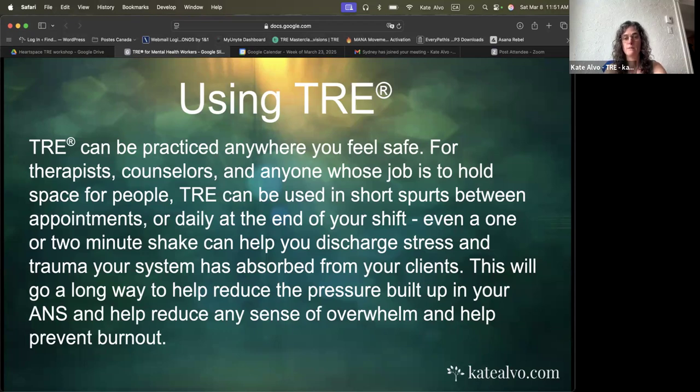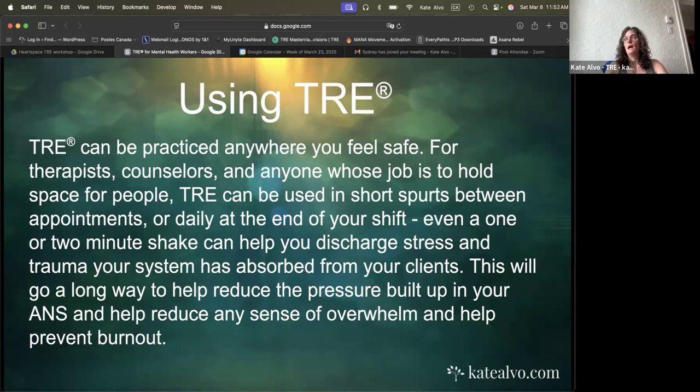I know some of you have had some difficult clients, so that can be really helpful to get that out of your system, so you're not carrying it on, and so that you can continue to be grounded and hold space well for your other clients. It goes a long way to help reduce the pressure that's built up in your ANS, helps reduce any sense of overwhelm, and definitely helps to prevent burnout.